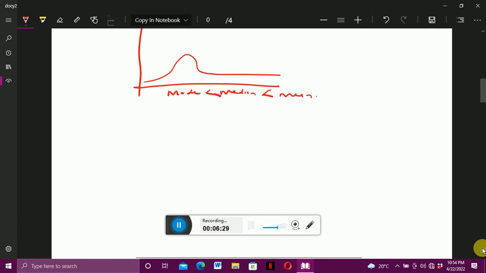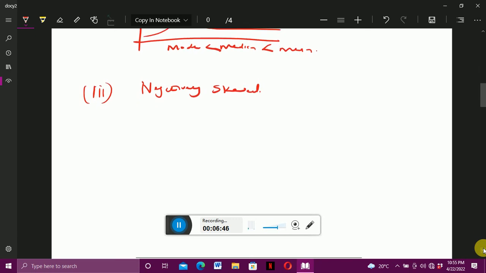Now, the third way a frequency curve can be in terms of skewness is that it can be negatively skewed. When a frequency curve is negatively skewed, it has a long tail to the left, as we are illustrating here.